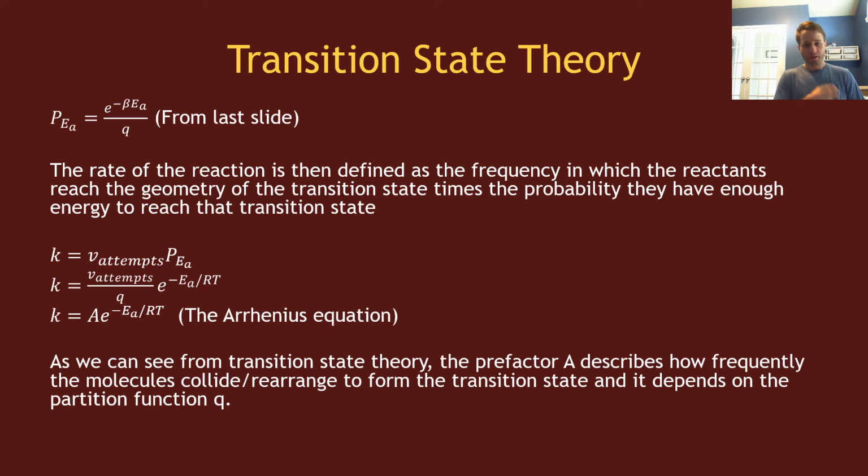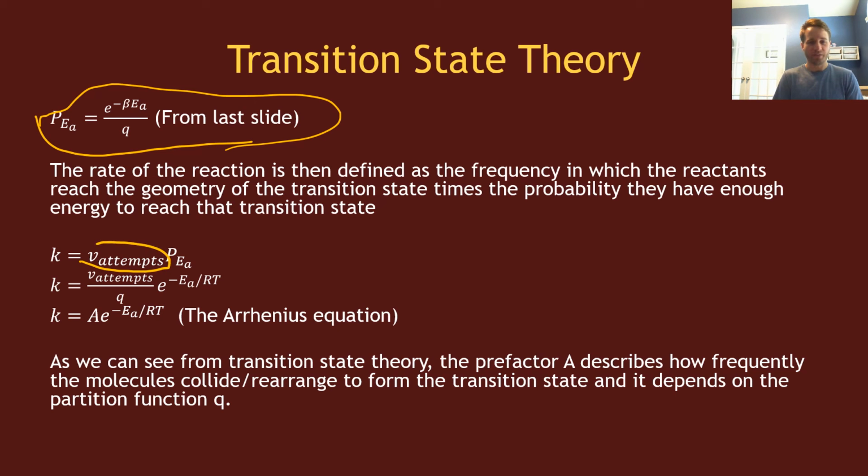And so if we compare this probability for things to react, the probability that they have the activation energy to be able to react, then we think of the rate constant as how often these things collide, times the probability that they collide in the right orientation, and we relate that to the v attempts here.